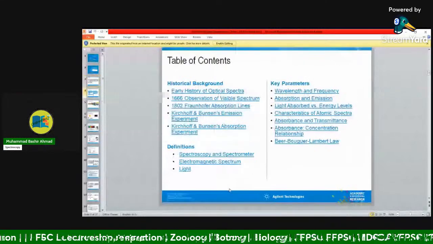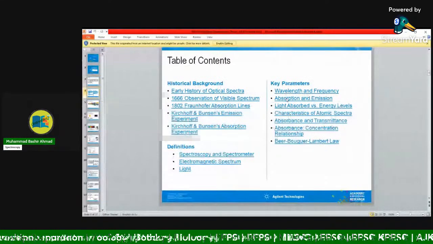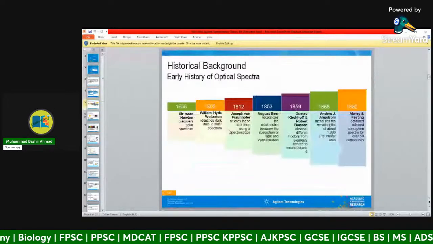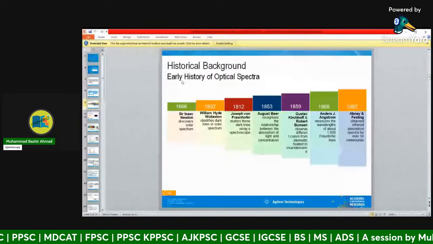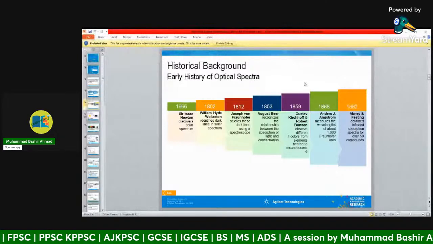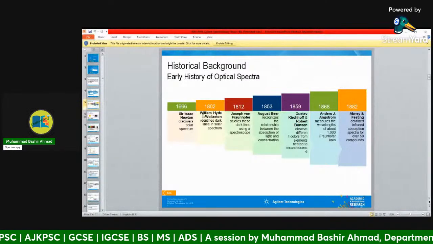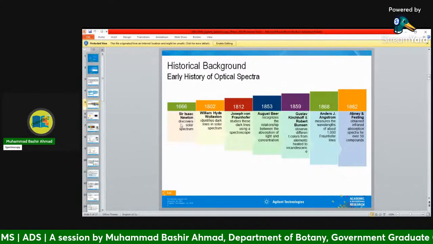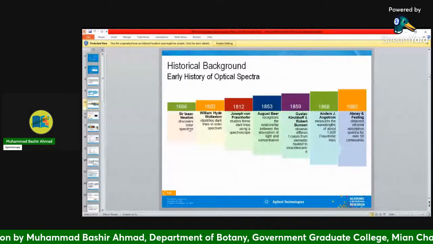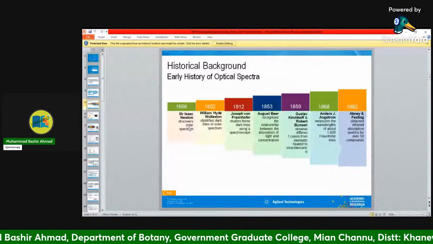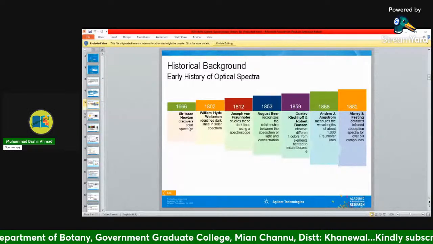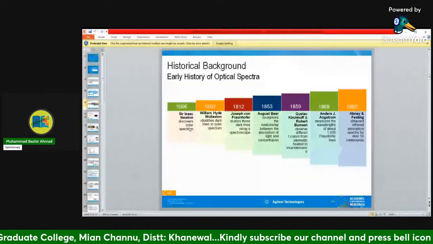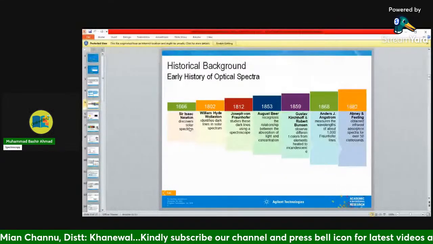This is the table of contents we are going to study, and first here is the historical background, the early history of the optical spectrum. In 1666, Sir Isaac Newton discovers the solar spectrum. Solar spectrum means visible light consists of seven colors, and this division into seven colors is called the solar spectrum.